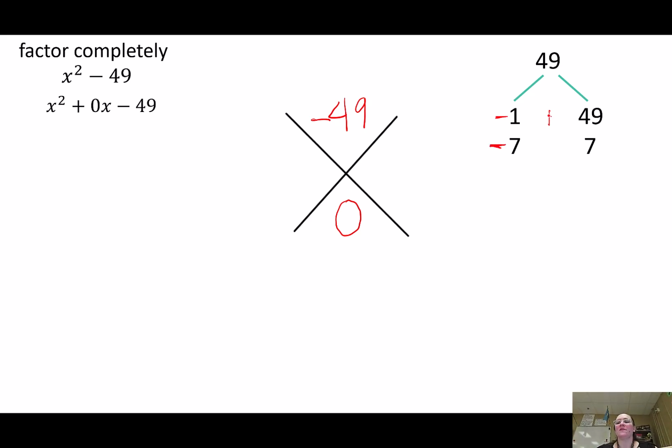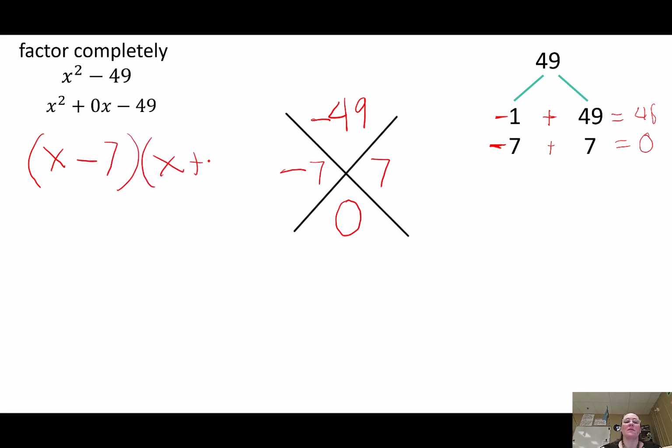Well, 1 plus 49 is 48 (or negative 1 plus 49 is still 48). Negative 7 plus 7 is 0. So my factors are negative 7 and 7. So I get x minus 7 times x plus 7.